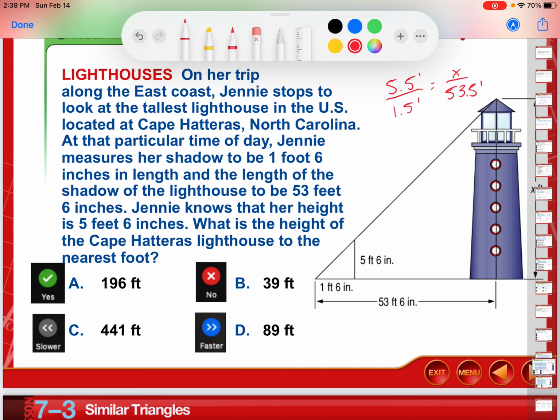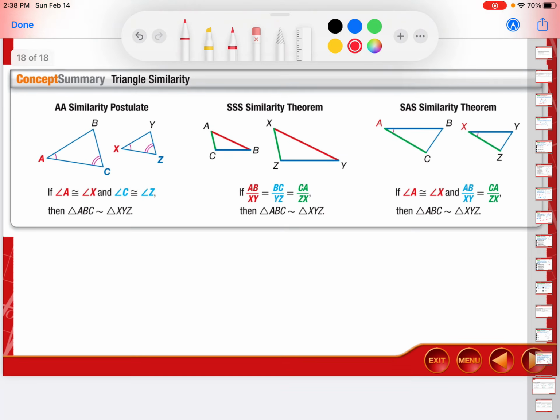We'd do 5.5 times 53.5, and then we would divide that by 1.5, and we would find out that this tallest lighthouse is, decimal madness, 196 feet about.